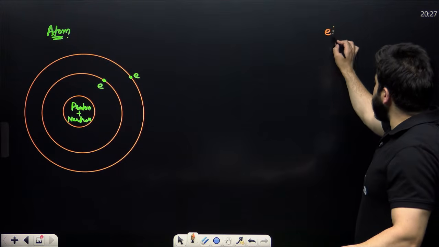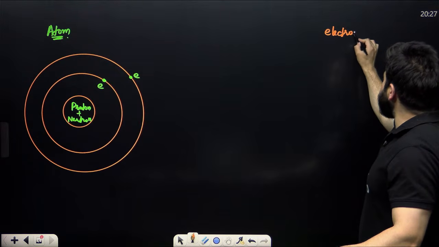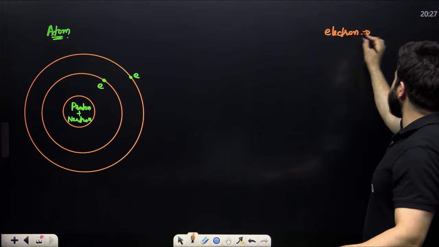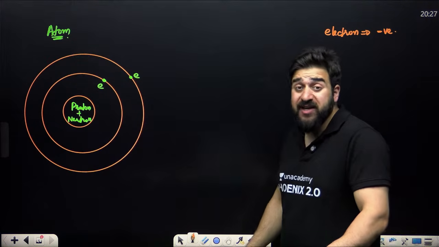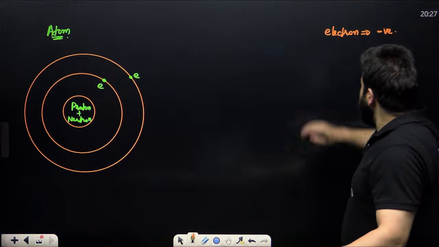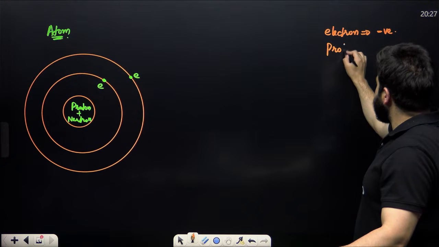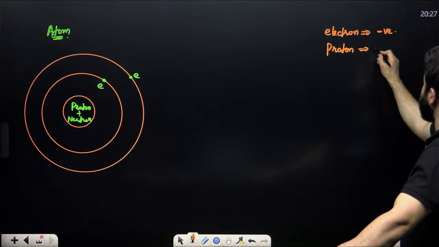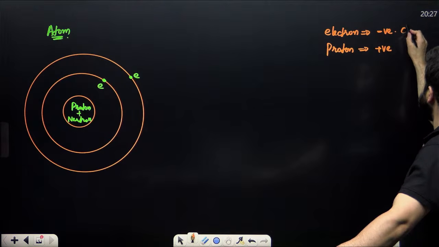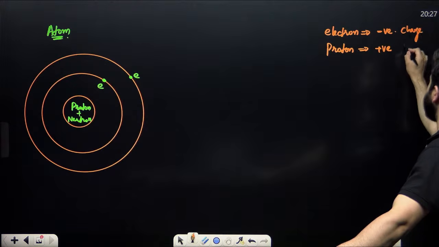Now take a look. As of now, you'll be remembering that the electron has negative charge. How much? 1.6 × 10^-19 coulomb. The proton is a particle which has positive charge. Negative charge, positive charge.